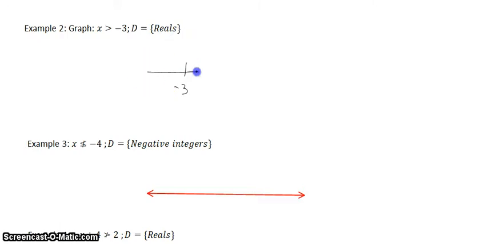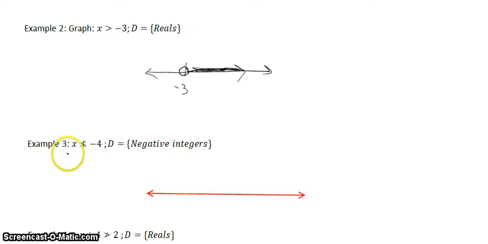We have an open circle and then we shade to the right. Again, open circle because it doesn't have the equal to sign, and then it is shaded to the right because it's greater than, and that is where the numbers get bigger or greater.